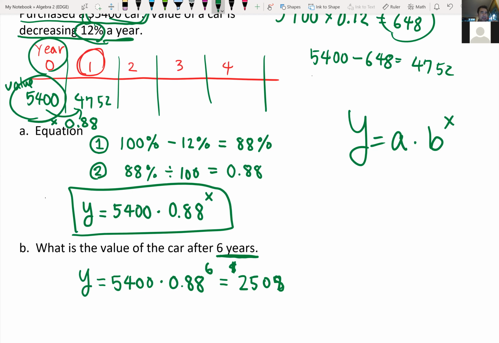And then, again, at the beginning, year zero, when you purchased it, it's $5,400. That's what the worth of the car is, right? So you paid for it. It's worth $5,400 right now. But that's 100%. And then you lose 12%. So you subtract 12% from 100%.